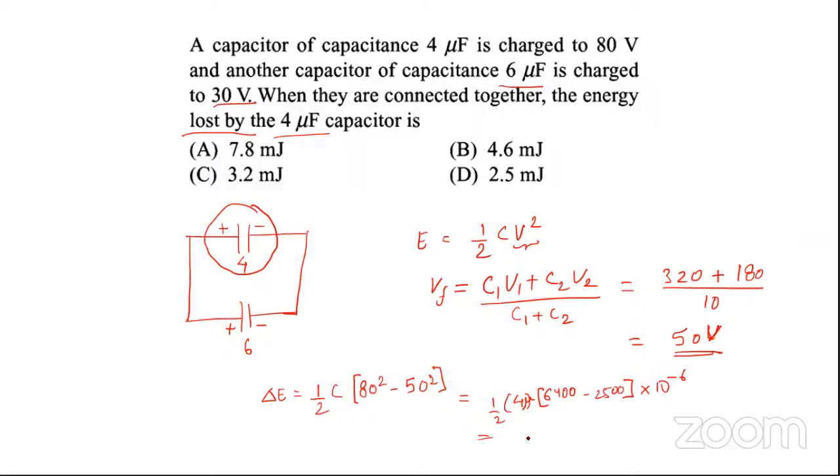Alright. So that gives us 2 into, ये कितना हो जाएगा? 3900. That will give us 7.8 millijoules. That is the option A.